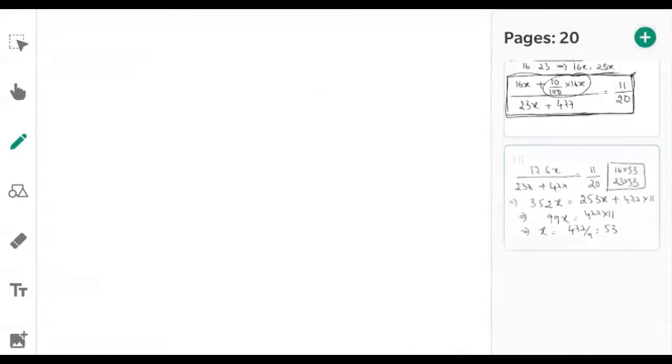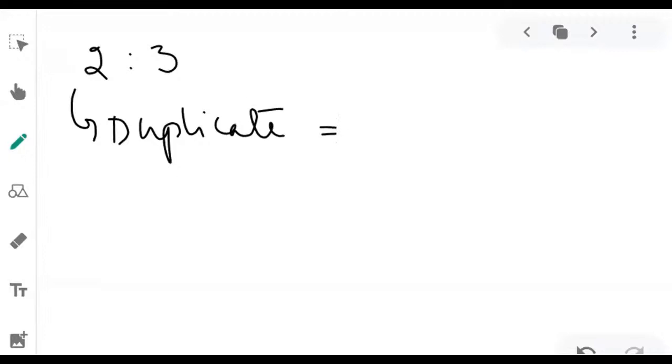Yeah, so at this point, there is something called, let's say I have a ratio of, I'll take my 2:3. Seems to be my favorite today. The duplicate ratio of 2:3 is 2 square is to 3 square.